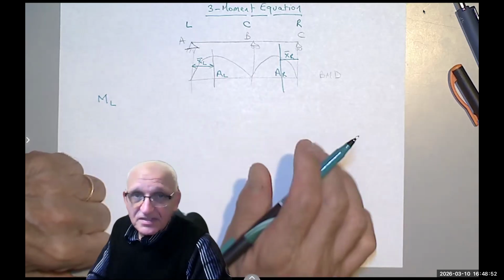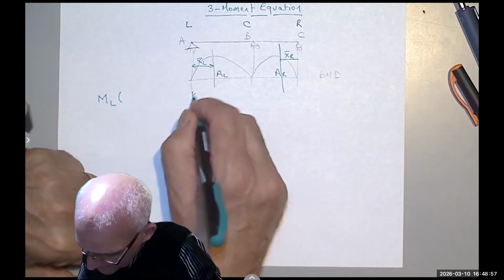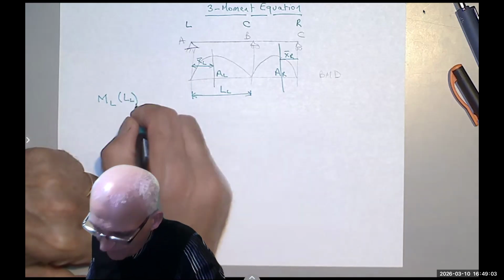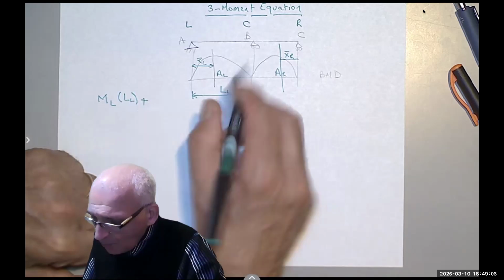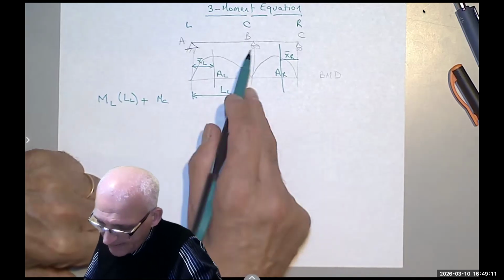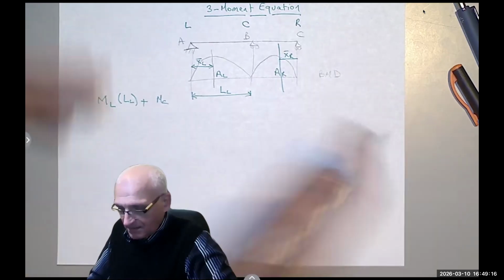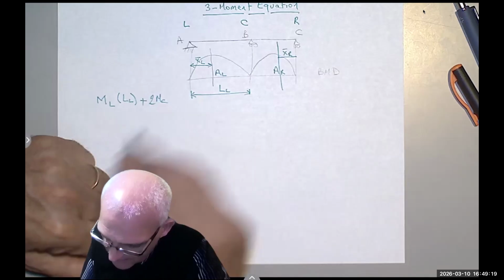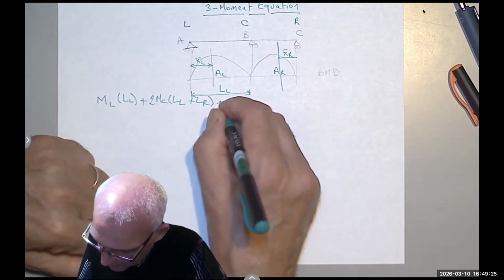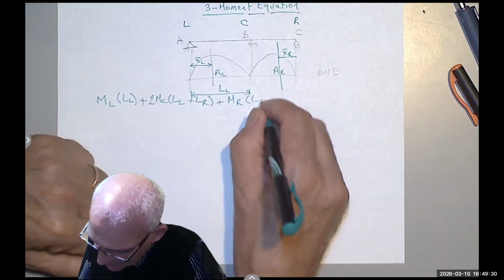But generally speaking, we say the moment at the left times the length at the left, plus the moment at the center, I'm going to multiply it once by the length on the left and once by the length of the right, so 2MC times L left plus L right, plus the moment at the right times the length of the right.